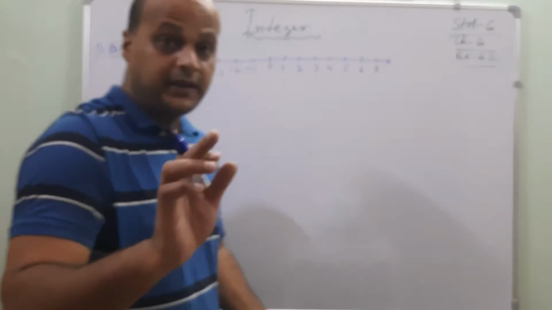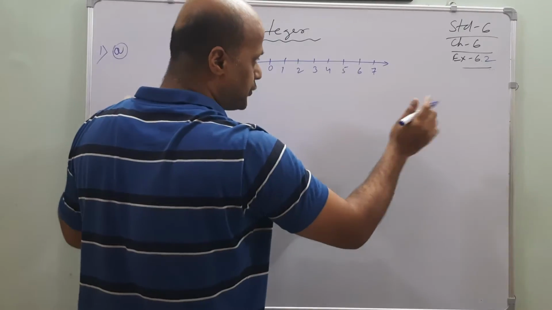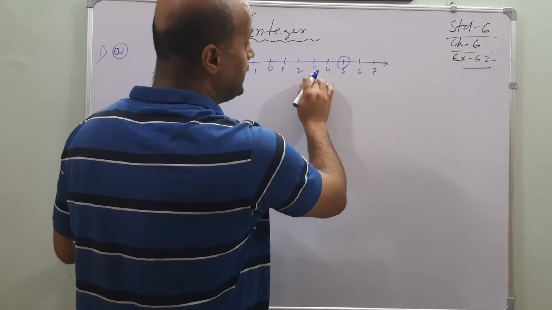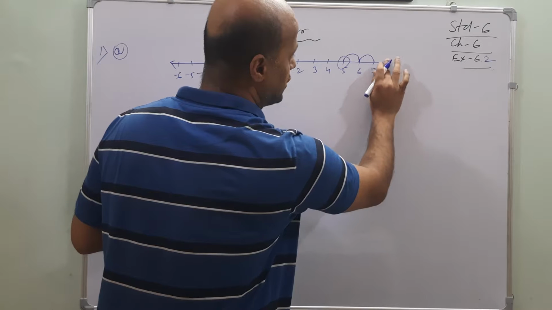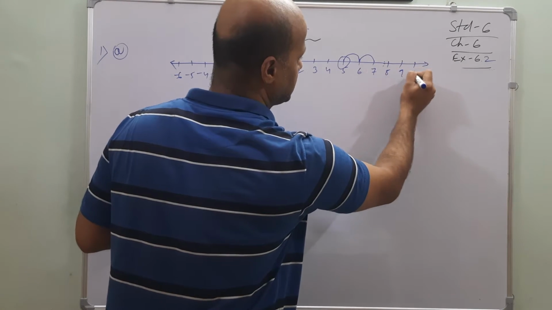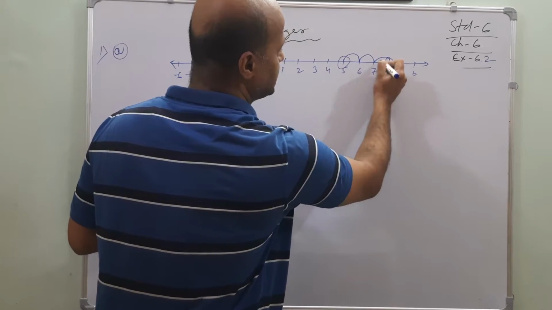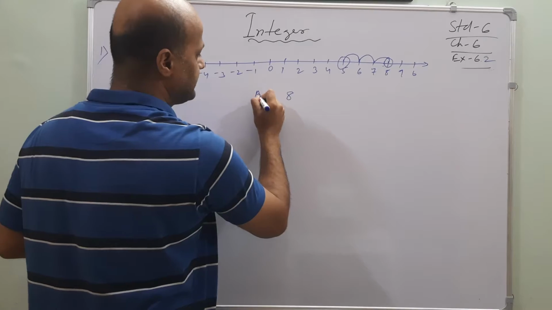Question number 1, part A, is saying 3 more than 5. 3 more than 5 means 1, 2, here the line is not there, so I will extend it: 8, 9, 10. Then what is the number? 8. So 8 is the answer.